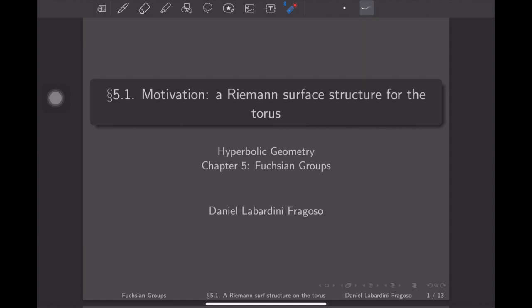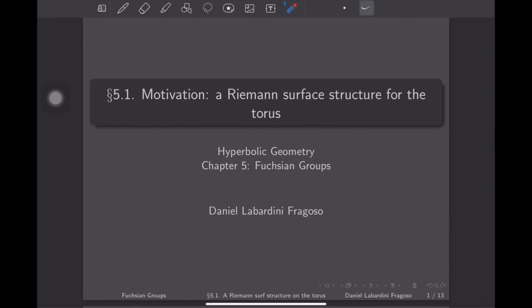And we have arrived at the part of the course concerned with Fuchsian groups, which are a certain class of subgroups of PSL2R, or more accurately, of the group of orientation preserving isometries of the hyperbolic plane.